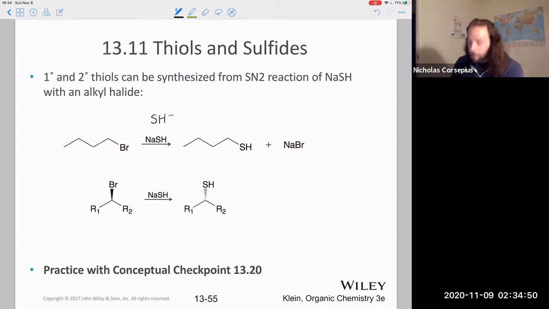But even if we had a secondary alkyl halide, which we know can prefer elimination under certain circumstances, because the hydrosulfide ion is such a bad base, it will also promote substitution type reactions, right? And these are going to be SN2, so that's why we see this inversion of our stereochemistry.